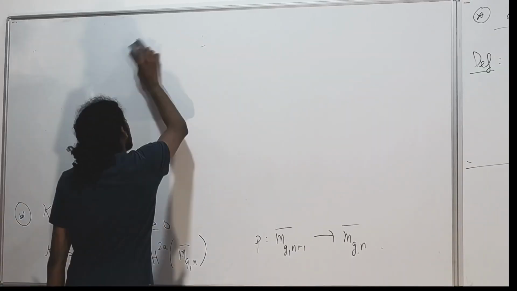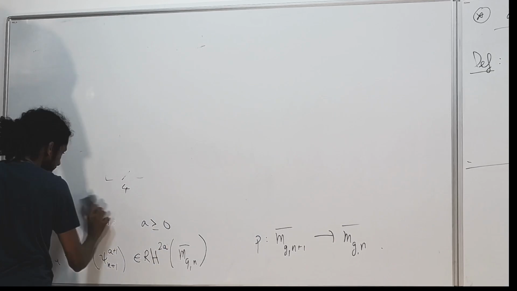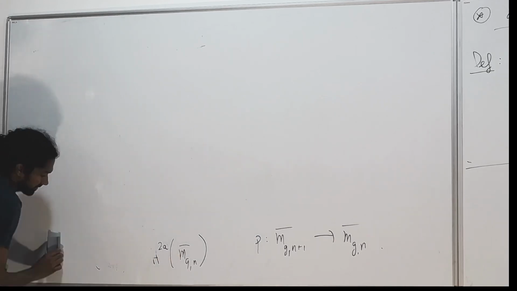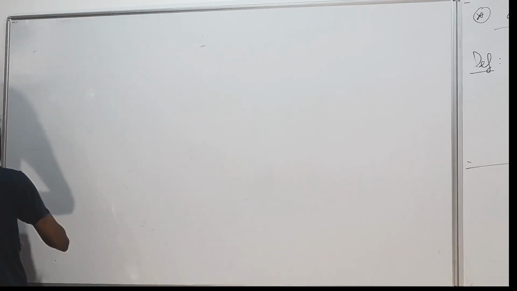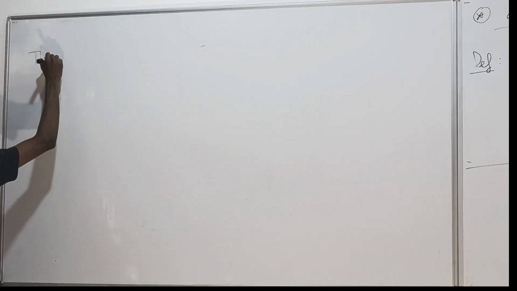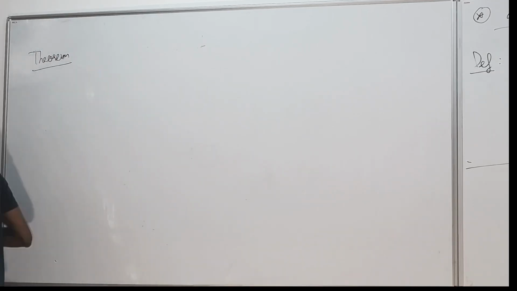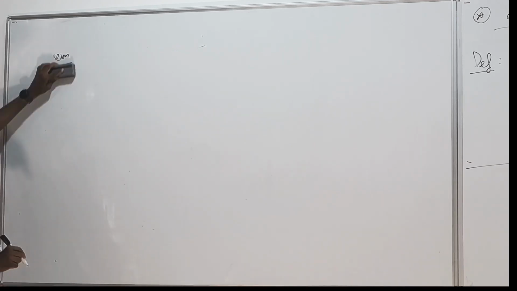Okay, and then the theorem is that's everything. So the theorem, or do I want to say it like that? That's true, but let me introduce a bit more notation before.